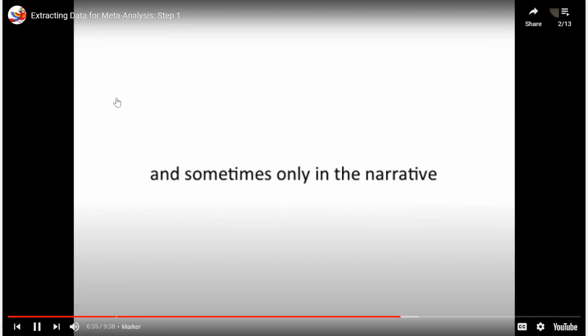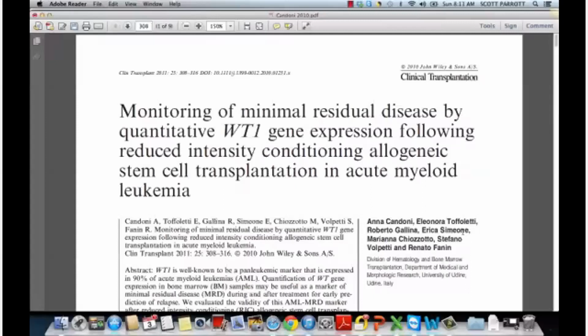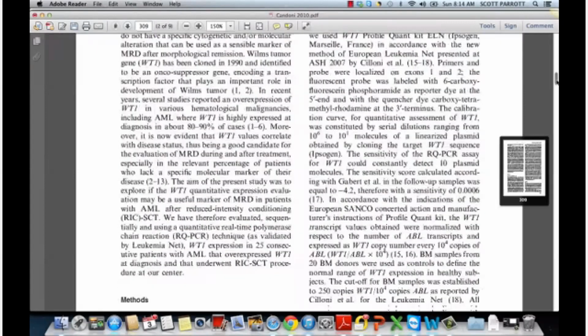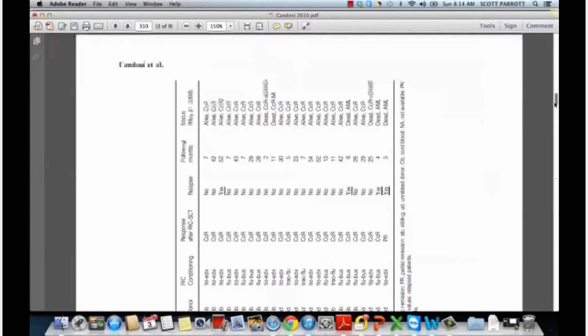You're only going to find the outcomes in a narrative. So let's say that what we're interested in for this question is the relationship between the expression of a particular gene, WT1, and cancer relapse. Here we have an article by Candoni and colleagues that reports tons and tons of different outcomes. We can scroll down, read through all this, and understand it.